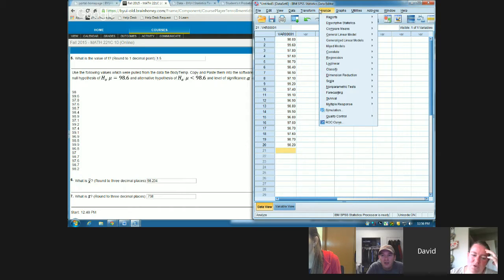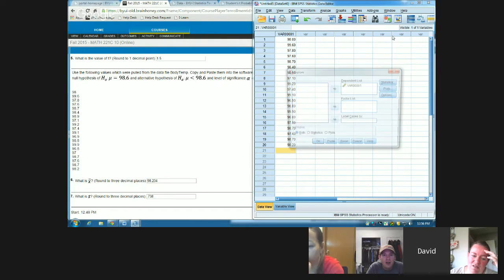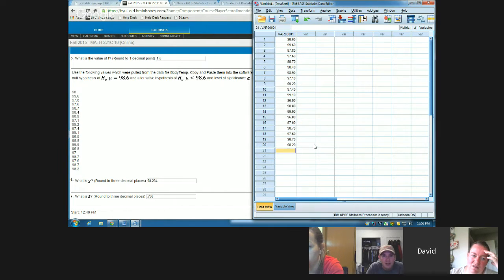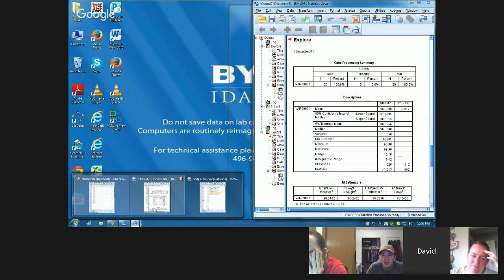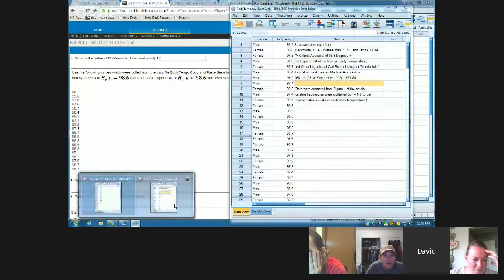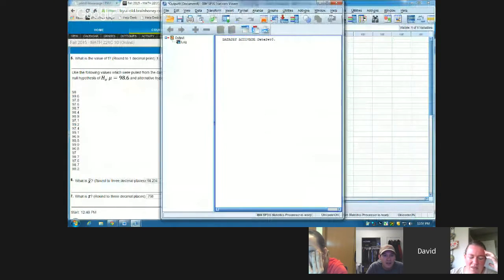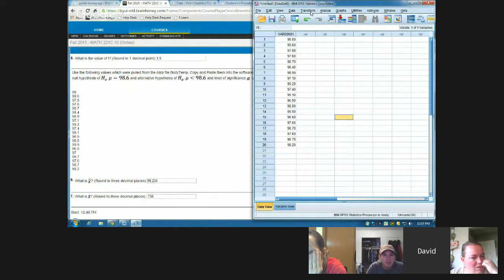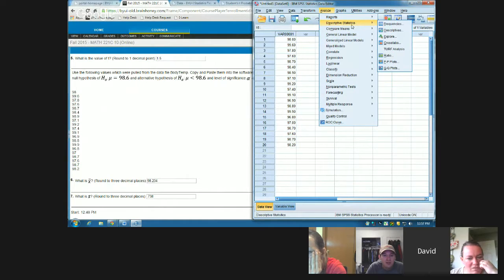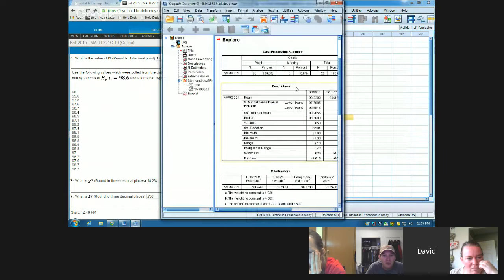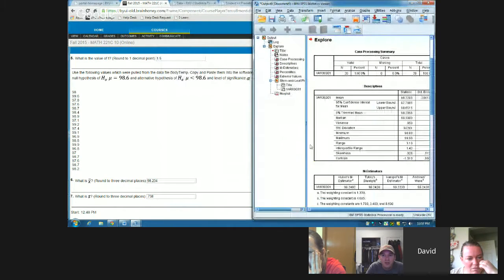So I don't think we're supposed to use that whole data file. The data file's much bigger than that. So we do just have to plug those numbers in. Copy and paste them into the software. Okie doke.